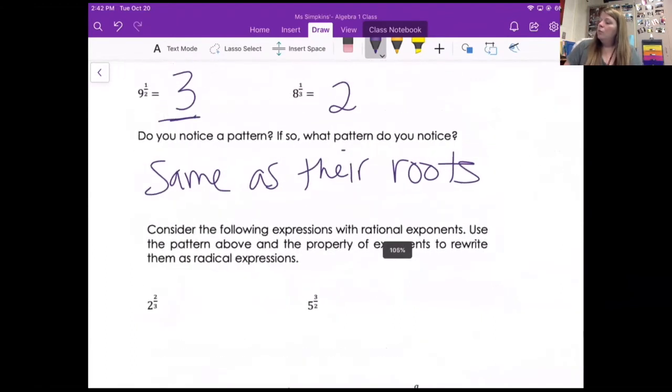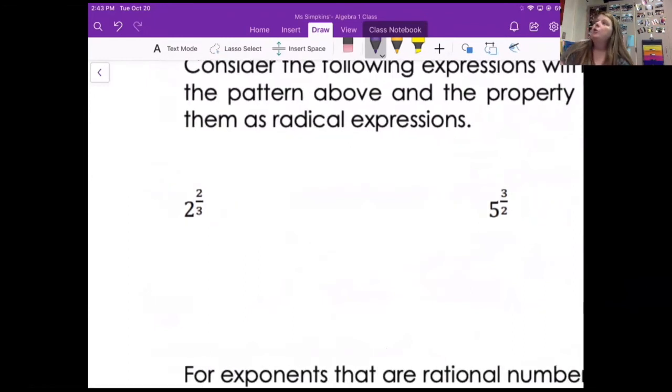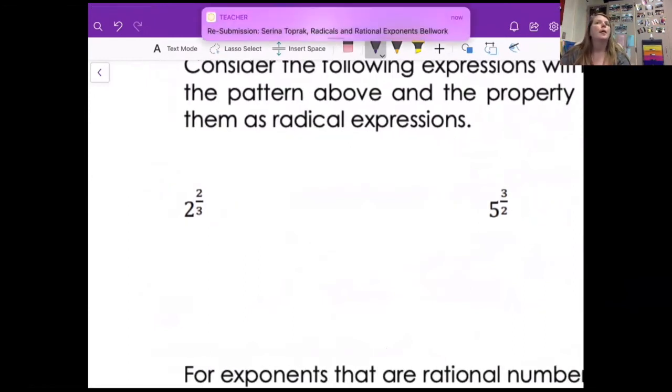So we want to try and rewrite these things that have fractions using radicals. Remember, radicals are those root, the little check mark root symbol. So let's first look at this one, 2 to the 2/3 power. So I want everybody to draw a radical.